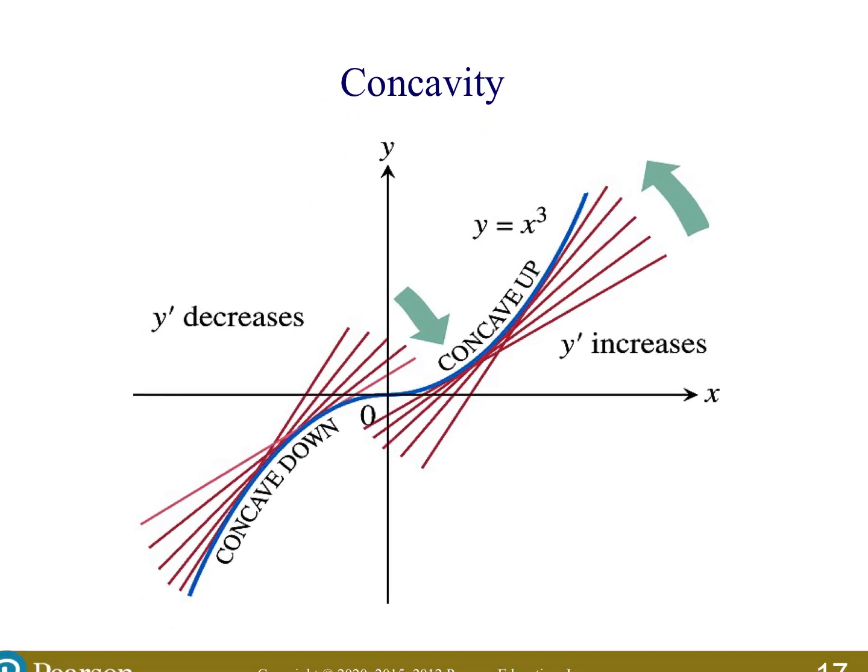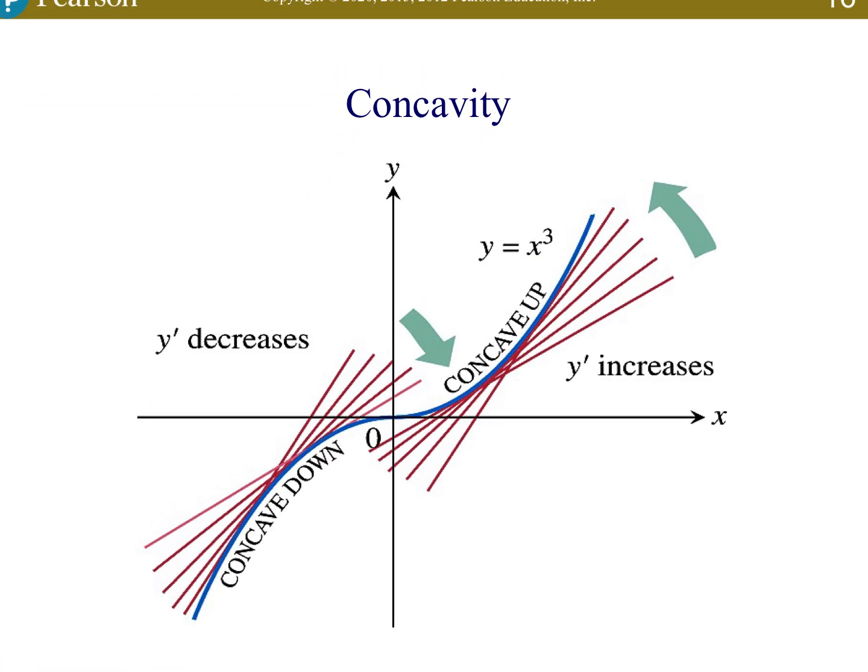Here's maybe a better way to look at it. If you look at the x cubed graph, as we trace x cubed, I'm trying to use a yellow highlighter to trace that. As we come through quadrant 3, up towards the origin, we are on what's called a concave down section. And then at the origin, a distinct change happens and the curve bends differently and it becomes what's called concave up.